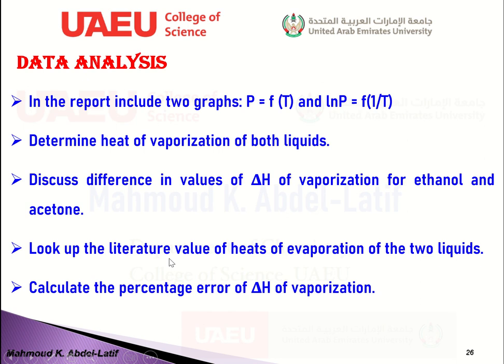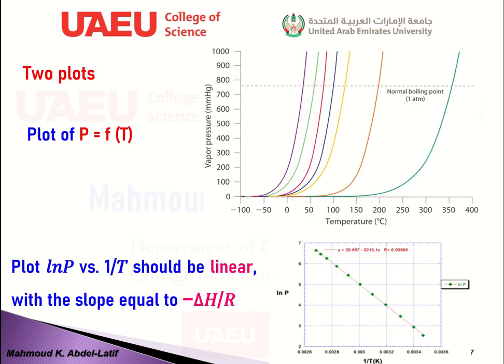Search the web or the literature for the heat of vaporization of the solvents you used, and compare the value you calculate with the literature one. Now you can calculate the percentage error of the delta heat of vaporization.